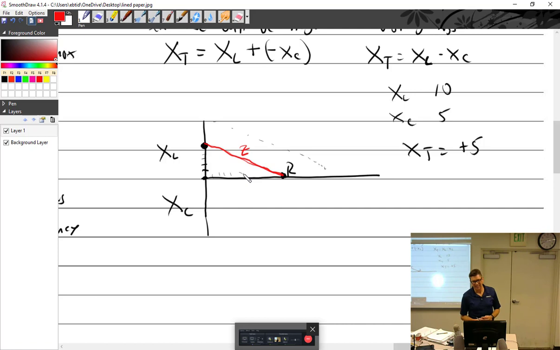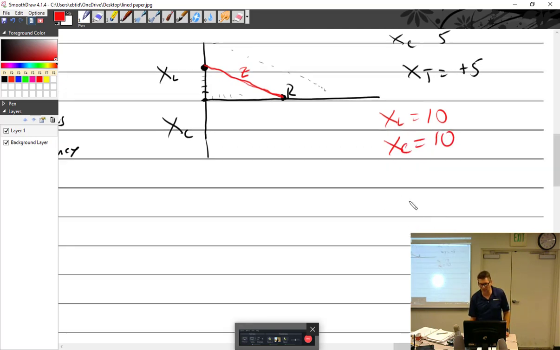I said both 10; the first time I did 5. So if X of L equals 10 and X of C equals 10, then X total equals 0.